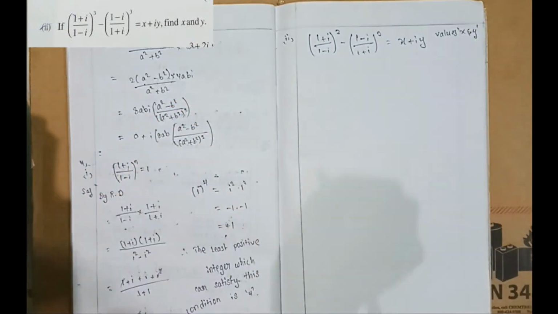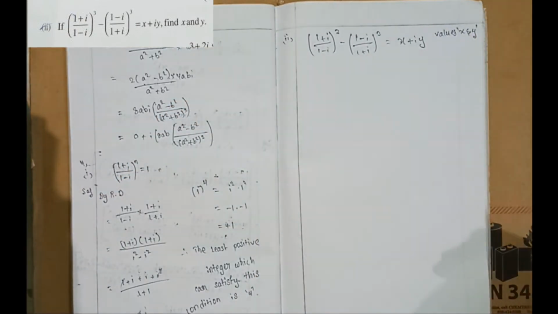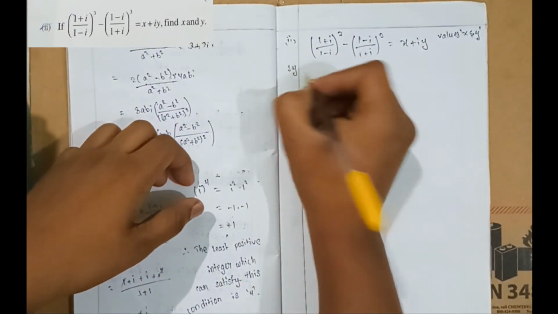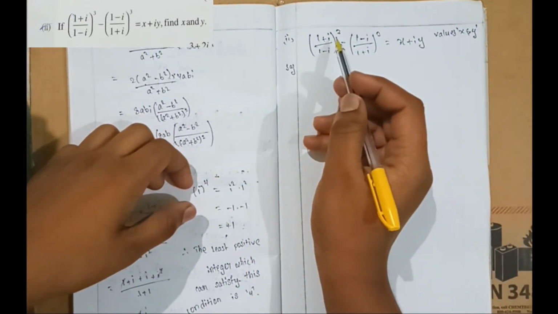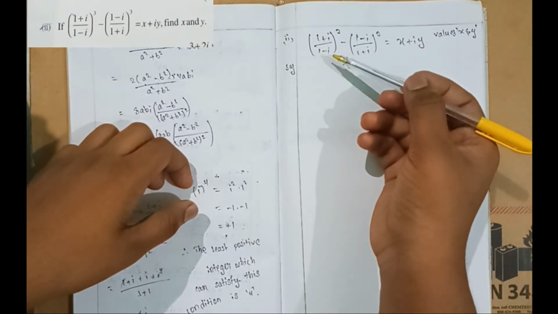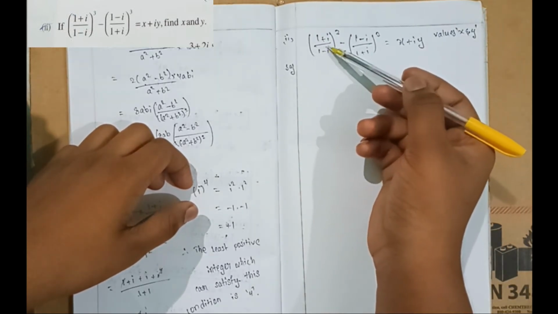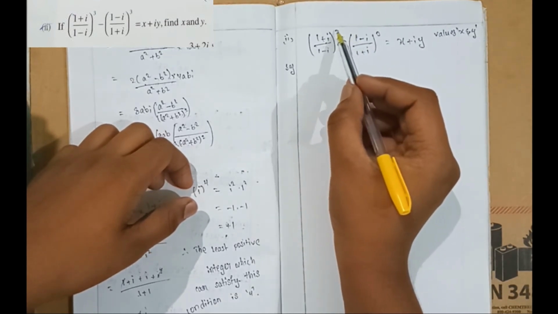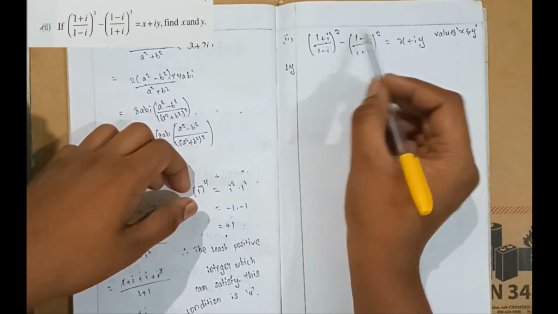Now simply just do the rationalizing of the denominator of these two things. Just for 1 second we have to forget this whole cube.